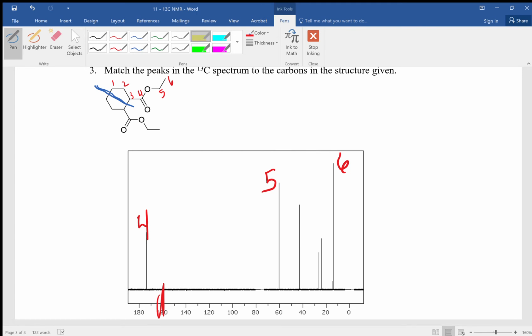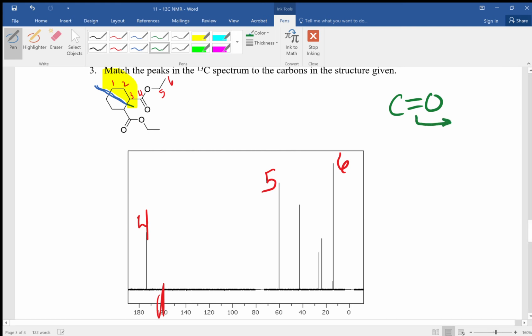Now we have just these 3, 1, 2, and 3. And the only real difference in them is how close they are to a carbonyl. Well, is a carbonyl an electron donating or an electron withdrawing group? Probably the most straightforward way to think about that is that in a carbonyl, we always have resonance.